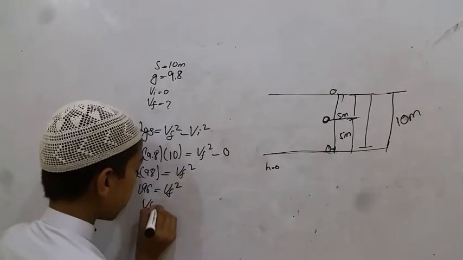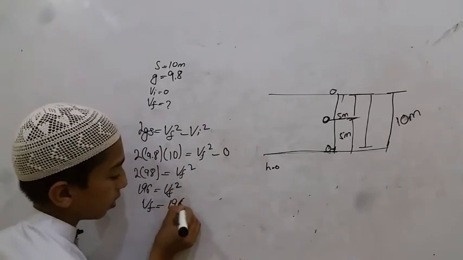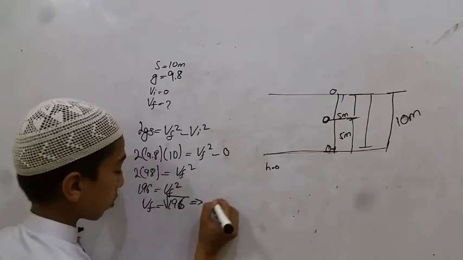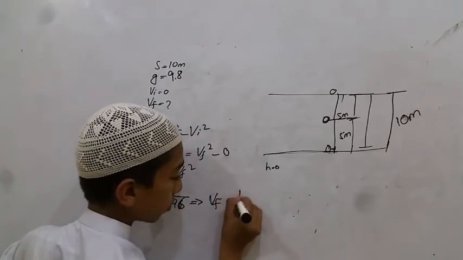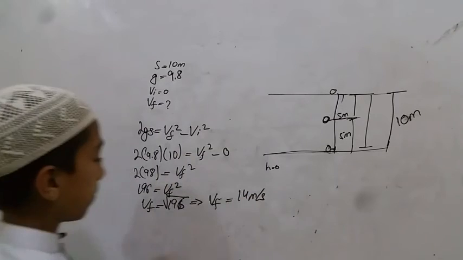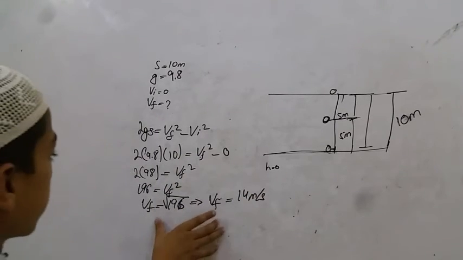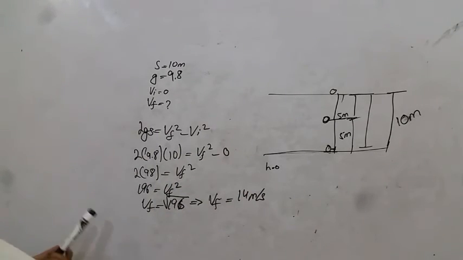So Vf is equal to square root of 196, which is 14 meter per second. This is the speed of the ball before it strikes the water.